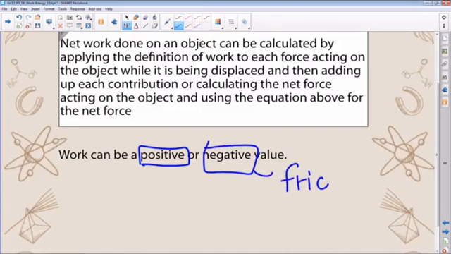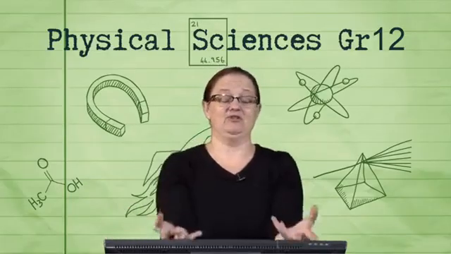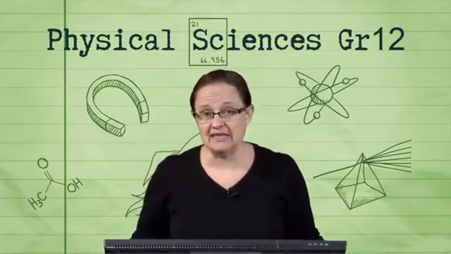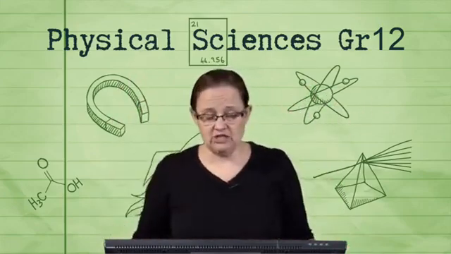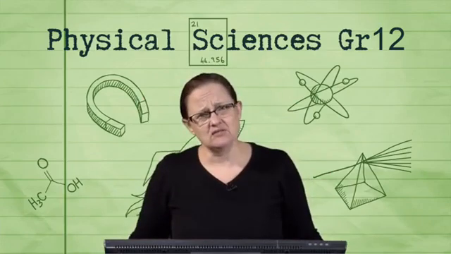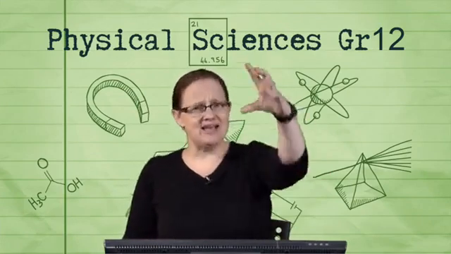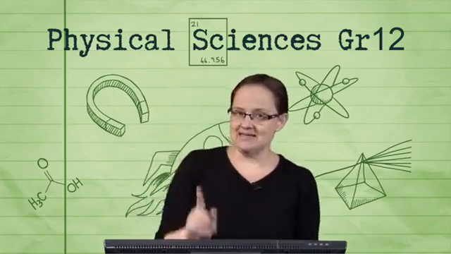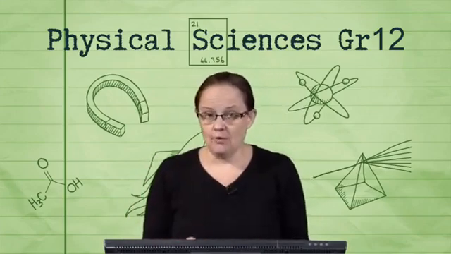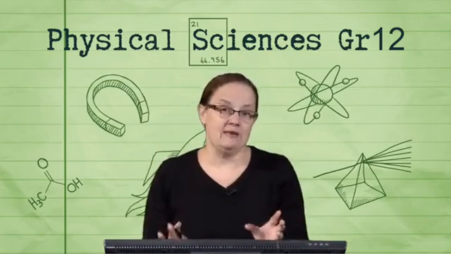Friction does negative work because friction takes the kinetic energy that I'm giving to the box and turns it into heat, or turns it into sound, or turns it into some other form of energy, which actually is quite useless for us. So it's taking energy out of the system as such. So it gives us a negative value. Okay, so this is really, really important.